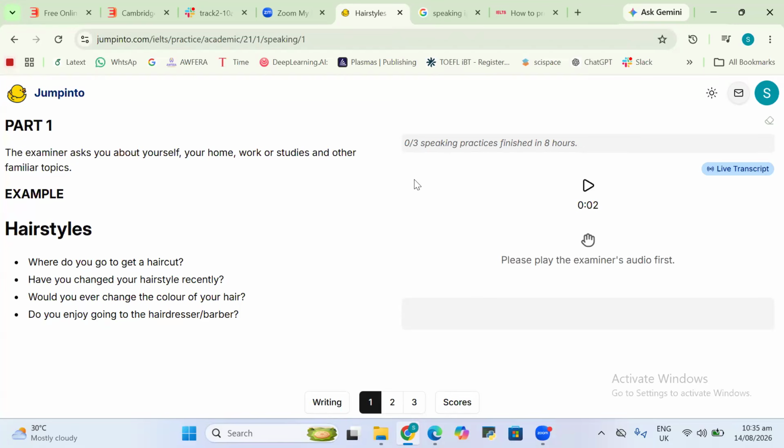Okay, Osama, you understand how you can answer a question in different tenses. That is a wonderful thing. And one thing I would like to add here: the part one questions are actually relevant to your personality. For example, you can say, when I see anyone who colors their hair, I feel irritated.